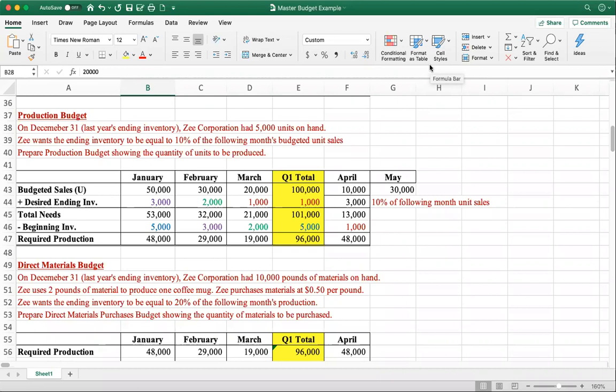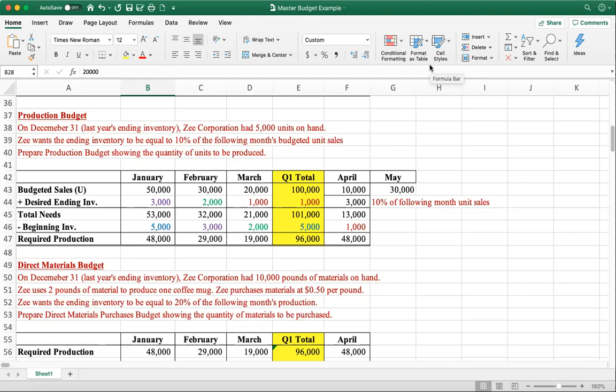So during the current period, if we are in January, we budget that we will keep our ending inventory at 10% of the next month's budgeted sales. So if February's budgeted sales is 100,000 units, then this month's ending inventory should be equal to 10% of 100,000, which is 10,000 units, okay?